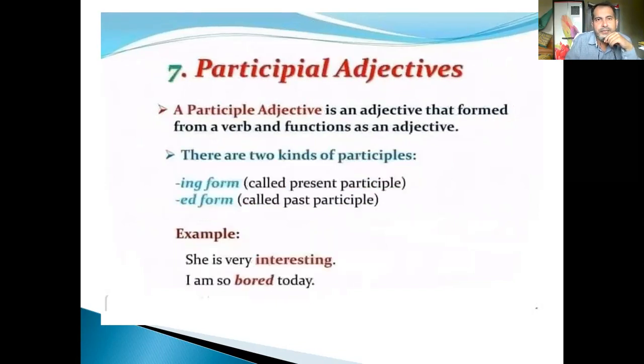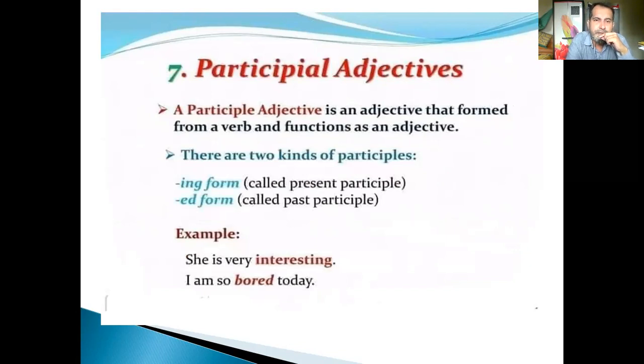So we move next. Next slide is on participial adjectives. How participles can work as adjectives. I think you can remember what we discussed in our participle class. We said that participles most often work as adjectives.